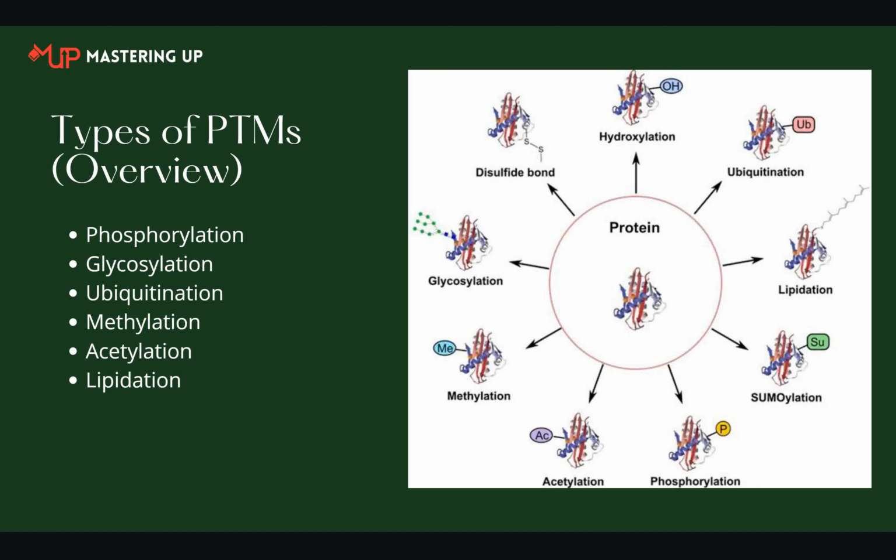The most common ones include phosphorylation, glycosylation, ubiquitination, methylation, acetylation, and lipidation. Each of these types adds a different chemical group to the protein, and each has unique effects on the protein's function and fate.